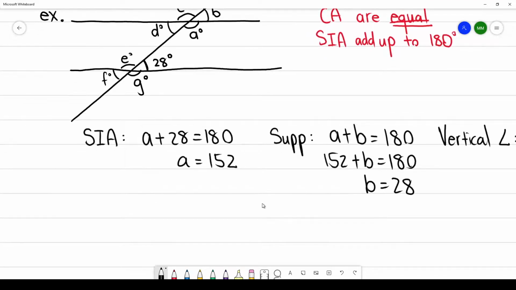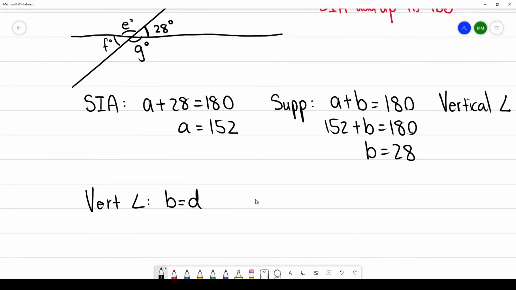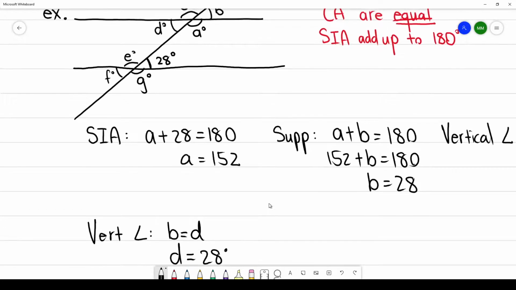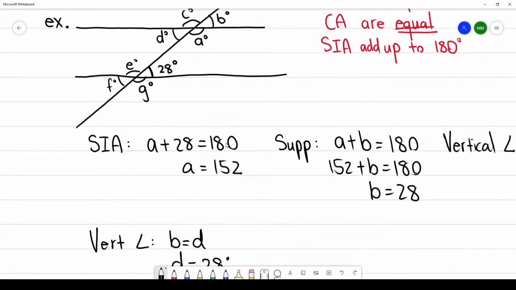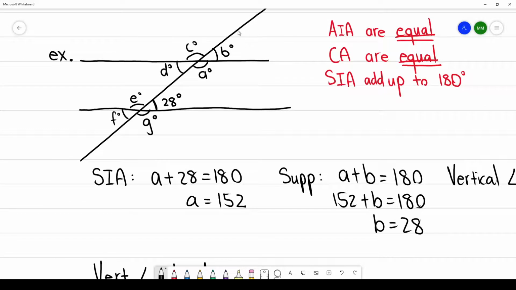So now we're going to do D. Well, I'm again going to use vertical angles because B is just 28. So by vertical angles, we have B is equal to D. And since B is 28, D is 28 as well. So now E. Well, E, I'm going to use corresponding angles now, just for change.